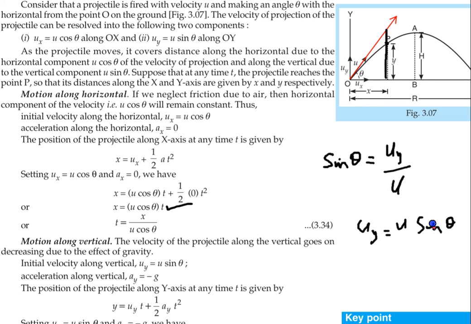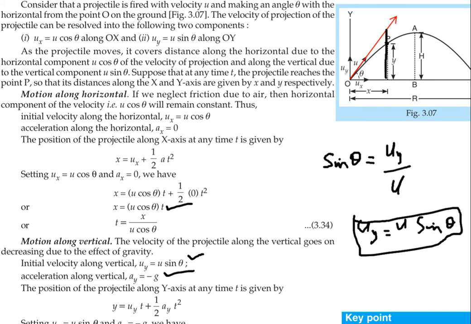So I have the velocity along the y-axis. The particle moves in the upward direction at point P, and in the upward direction the acceleration due to gravity will be negative g, as we have discussed.